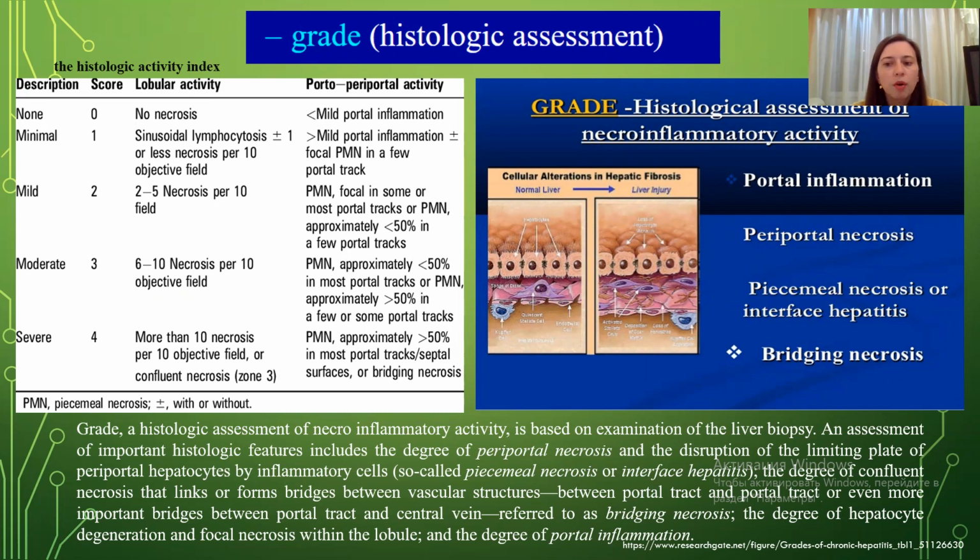The degree of confluent necrosis that leaves or forms bridges between vascular structures, between portal tract and portal tract, or even more important, bridges between portal tract and central vein, referred to as bridging necrosis. The degree of hepatocyte degeneration and focal necrosis within the lobule and the degree of portal inflammation.